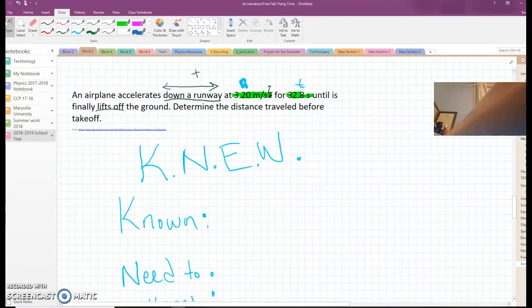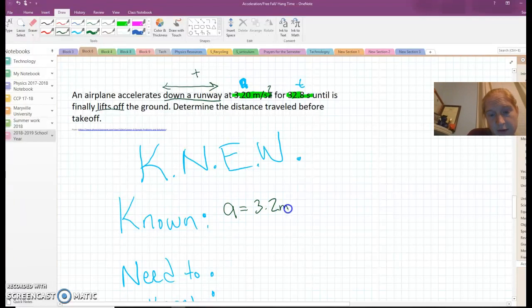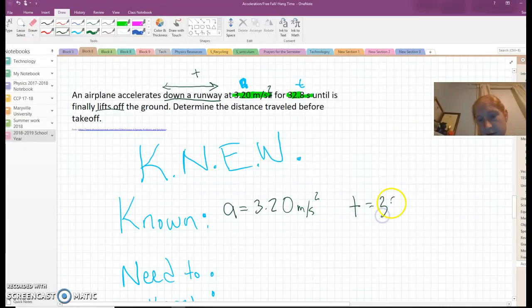Yeah, so known: things I know. I know acceleration is equal to 3.2 meters per second squared. Remember, significant digits are important. I know time is equal to 32.8 seconds.